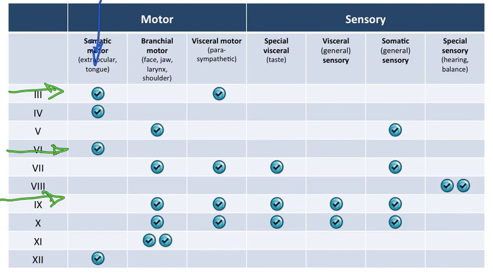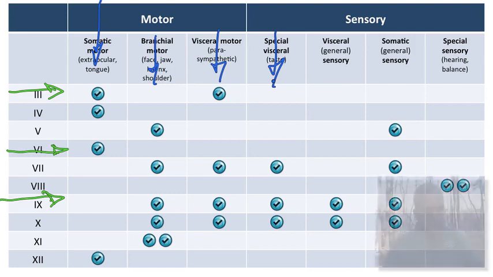And just think about the nerves, think about their anatomy, how they attach to the brainstem, and I would suggest that you do so thinking from superior to inferior. All right, so march through each column that way, the somatic motor, the branchiomotor, the visceral motor, and then on the sensory side, think about taste. How is taste conveyed to the brainstem, and so on. And I think you'll find that this table is not quite as daunting as it might first appear.